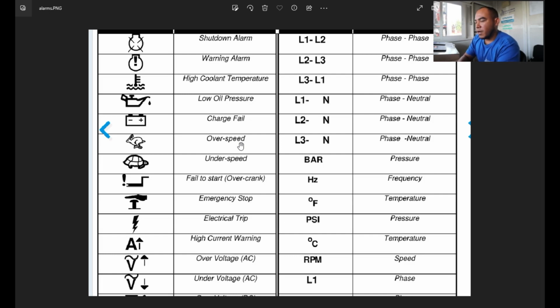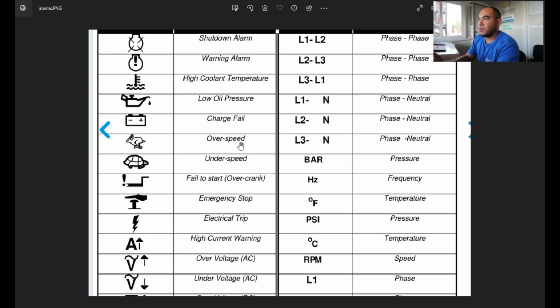So you have to look if the fuel is clean enough, check if your fuel filter is clean, and check the governor, if you have the speed controller, whether it is in the proper calibration.